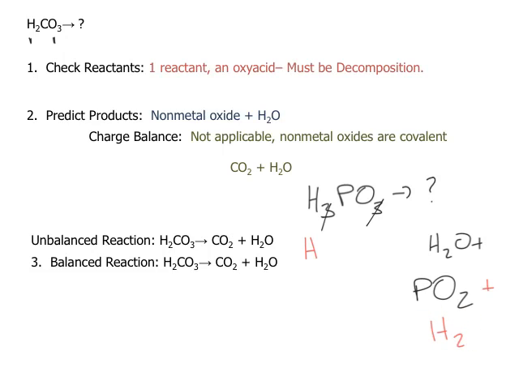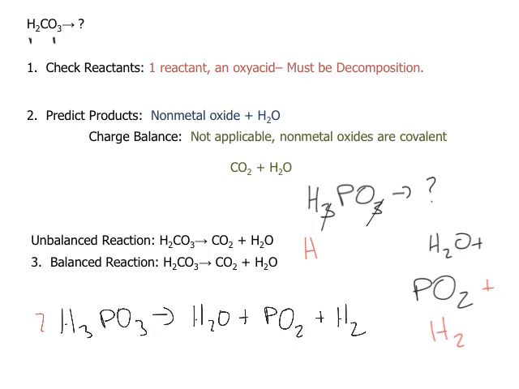So let's write this guy out and balance it. So there's the water I removed, there's my nonmetal oxide, and there is my excess hydrogen. So we have a total of 4 hydrogens over here. Everything else is balanced, so I'm going to have to fix that. So I'll have to put a 2 there.